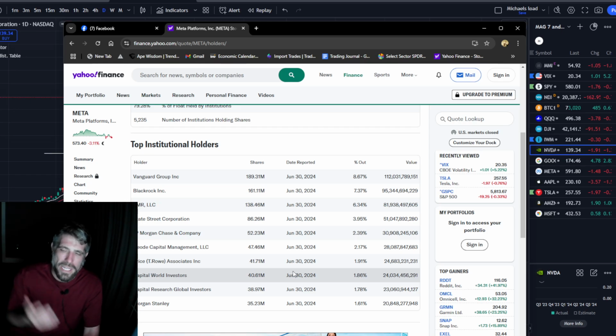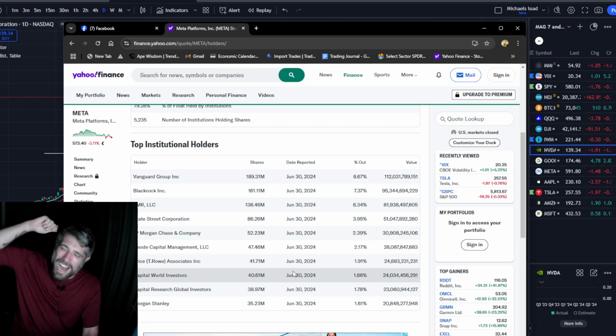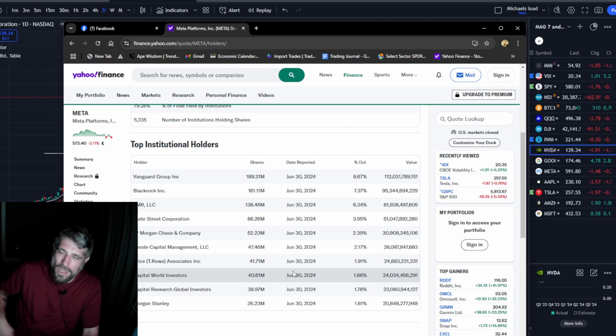And why do we want to see institutional ownership? It's really simple. They got the money. Okay. If Joe Schmo off the street came up to you and said, hey, I'm putting $10 on Meta tomorrow, you should go in with me. We're going to be rich.